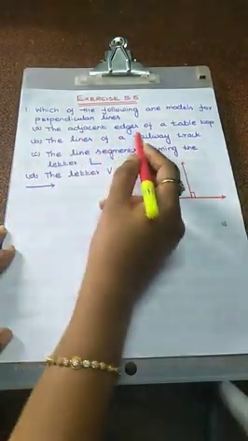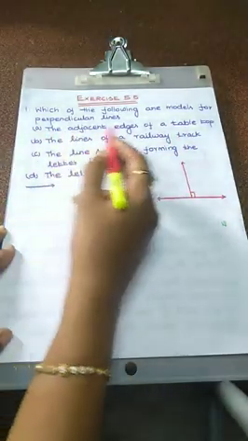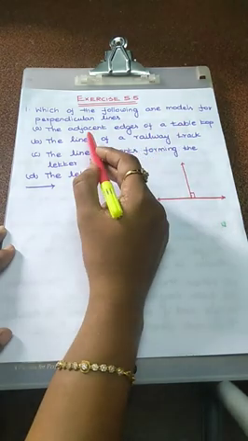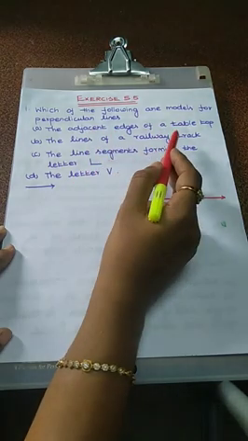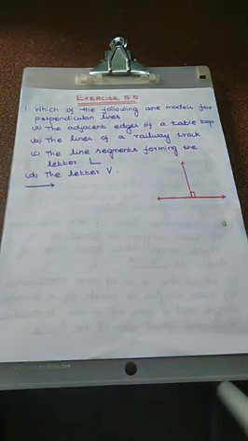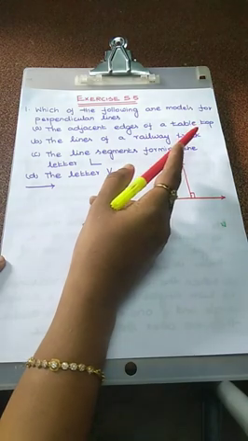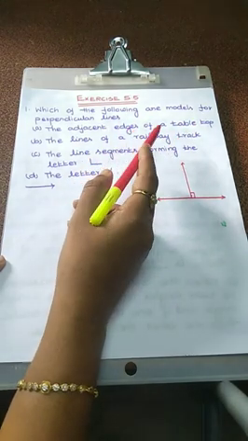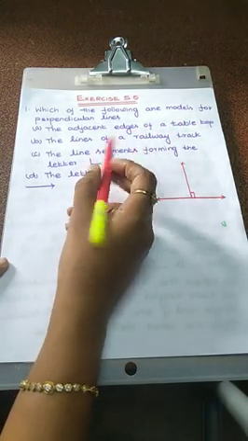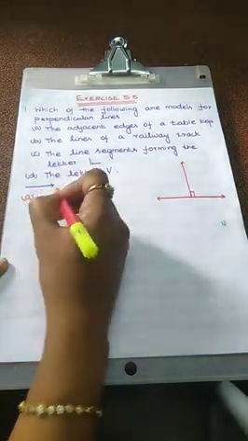First one, the adjacent edges of a tabletop. This is one example that is given. We just discuss this example, and finally we have to write whether this is perpendicular or not perpendicular. The adjacent edges of a tabletop. Yes, the adjacent edges of a tabletop represent a model for perpendicular lines. So we have to write the answer for this.